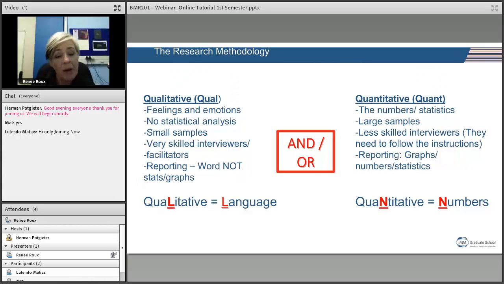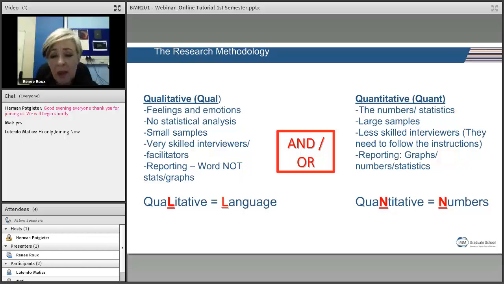You need very skilled interviewers or facilitators. And in your reporting, you don't use graphs, statistical models, etc. You use words and sentences to describe trends. So it's all about language. Qualitative, L equals language.